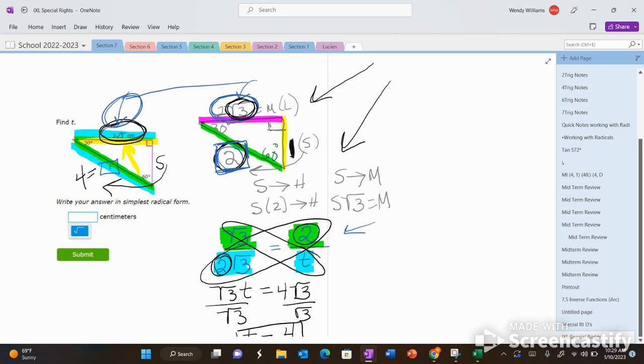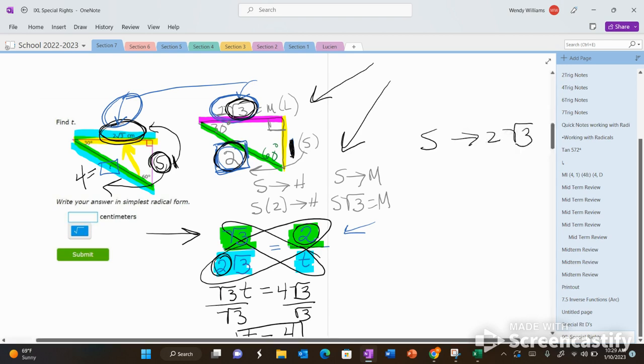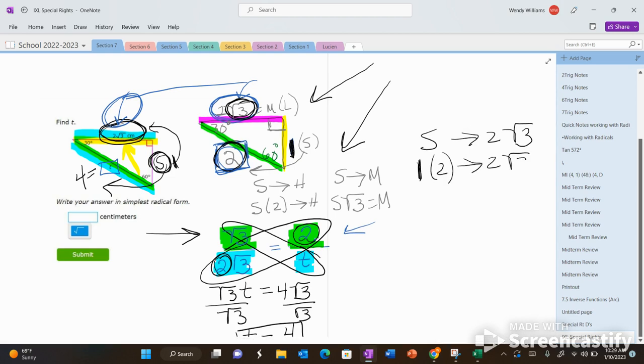If you do it in the equation form, you have to do 2 steps. If you do it in proportion form, you have to do 3 steps, or 2 steps. Let's look. What did I multiply the small by, which is 1, to get to 2 square roots of 3? Hey, in order to get from the small to 2 square roots of 3, we took the small, which is 1, multiplied it by 2 to get to 2 square roots of 3.